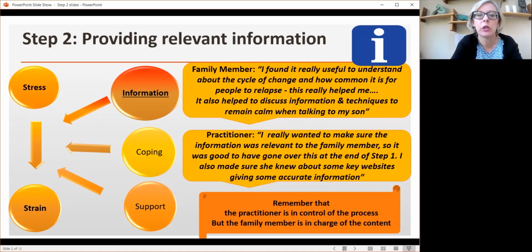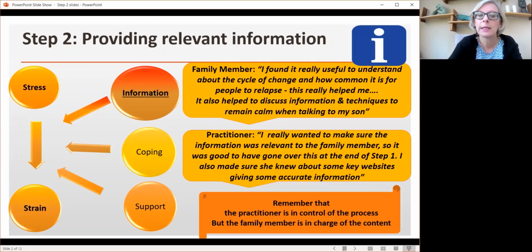And as a practitioner, try to avoid making assumptions about what a family member needs to know about. And you should similarly avoid providing information without checking and discussing with them that it actually might be useful for them in the first place.